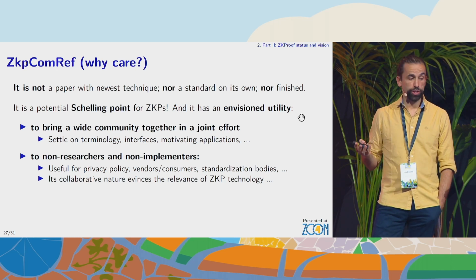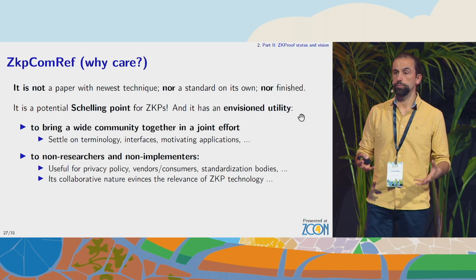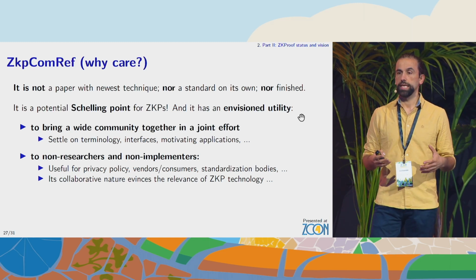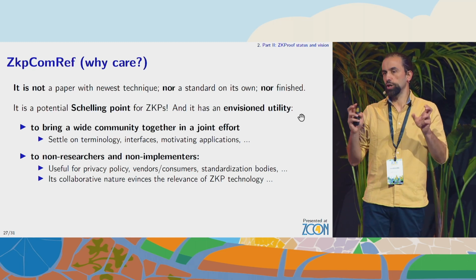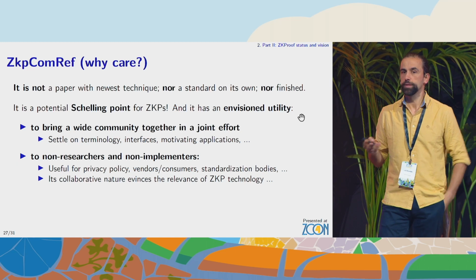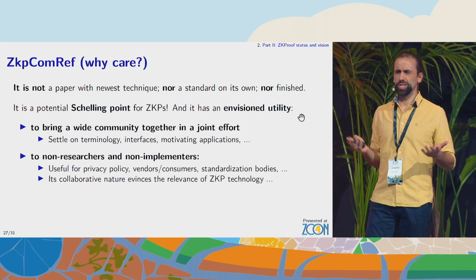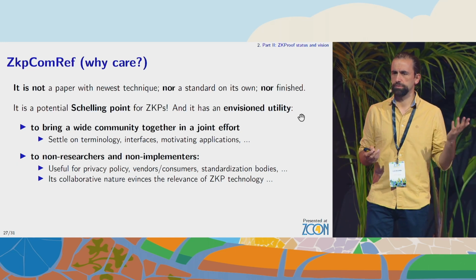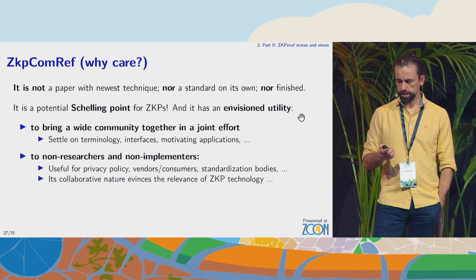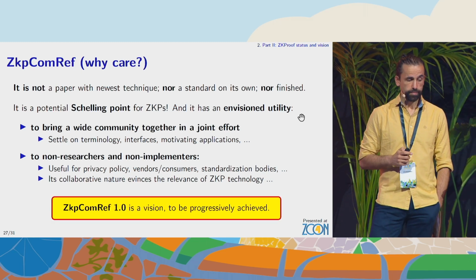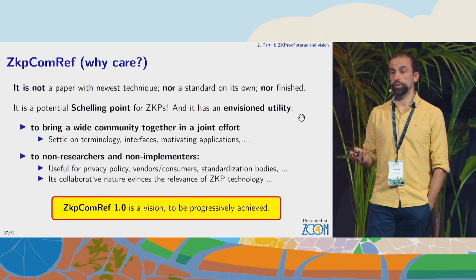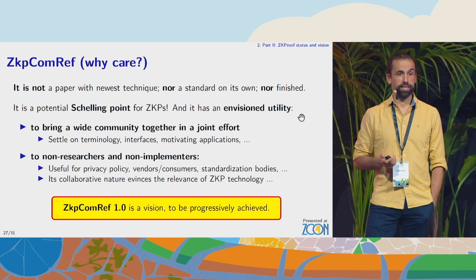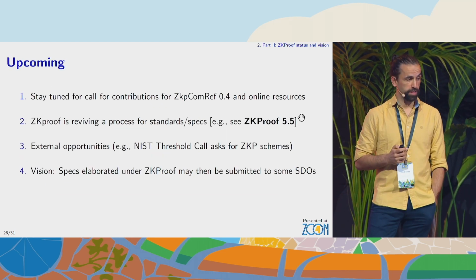And also the sheer fact that such a community reference would exist provides evidence that this is a credible technology, let's call it a technology, for people who are trying to decide what is zero-knowledge proofs versus something else that I've just heard that might not have any support by the community. So basically, Community Reference 1.0 is a vision to be progressively achieved, and hopefully many of you in this room could help us do that.